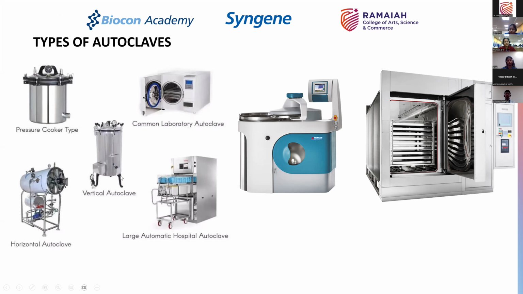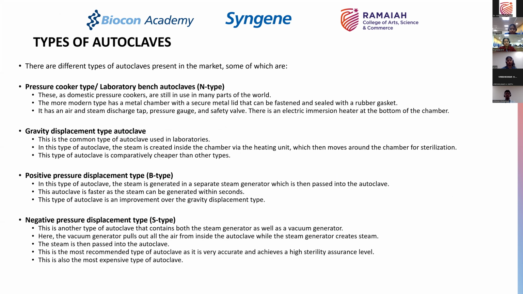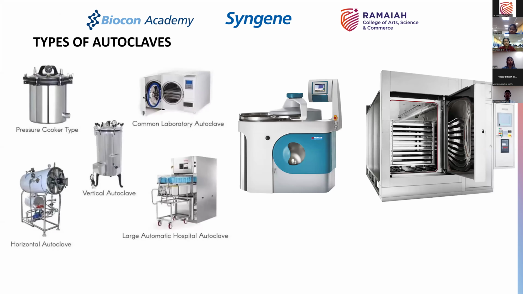In cases like the horizontal autoclave or the positive displacement autoclave that we are talking about, which is the B-type autoclave, we connect the steam source from outside the chamber, and therefore you are able to send the steam inside to the chamber. You don't have to worry about the water levels inside the chamber or anything. You just have to make sure that the steam at the right pressure and the right quality is injected into the chamber.